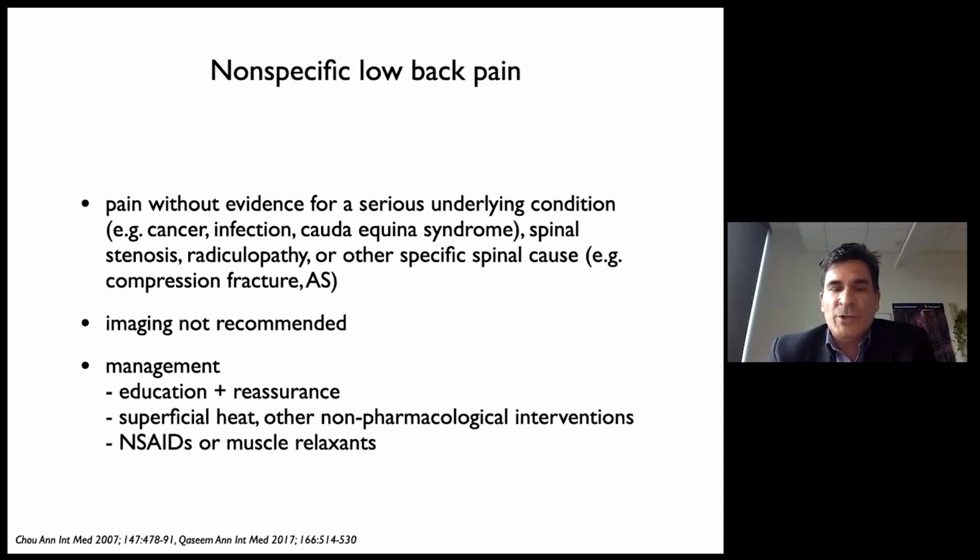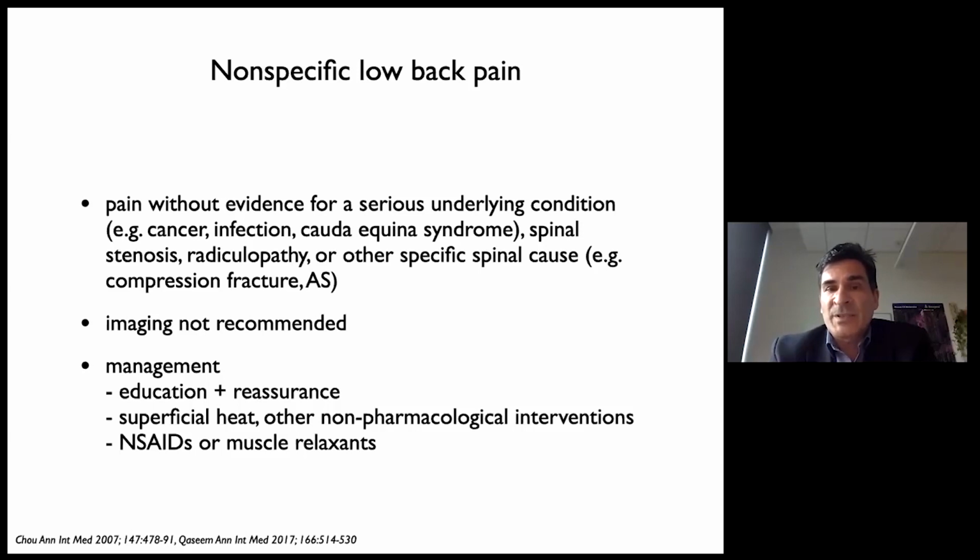And in this situation, imaging is not recommended because most patients will improve with a bit of time. And in many cases, a precise underlying condition would be difficult to identify.